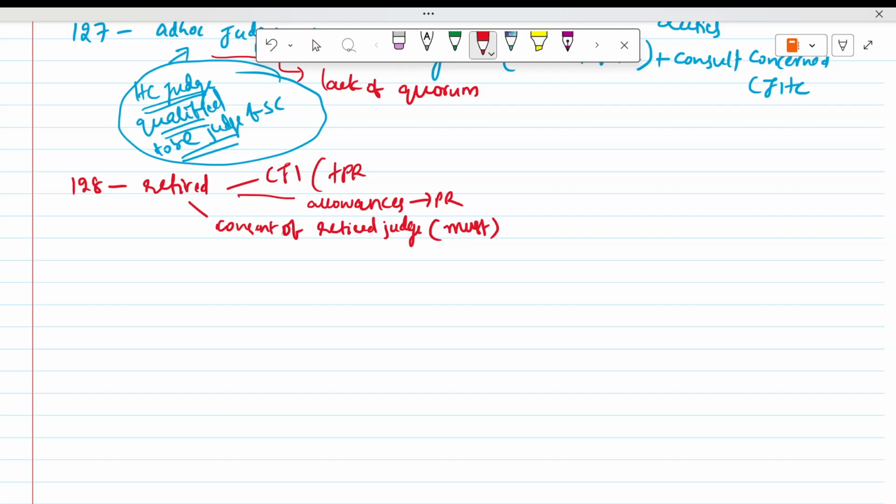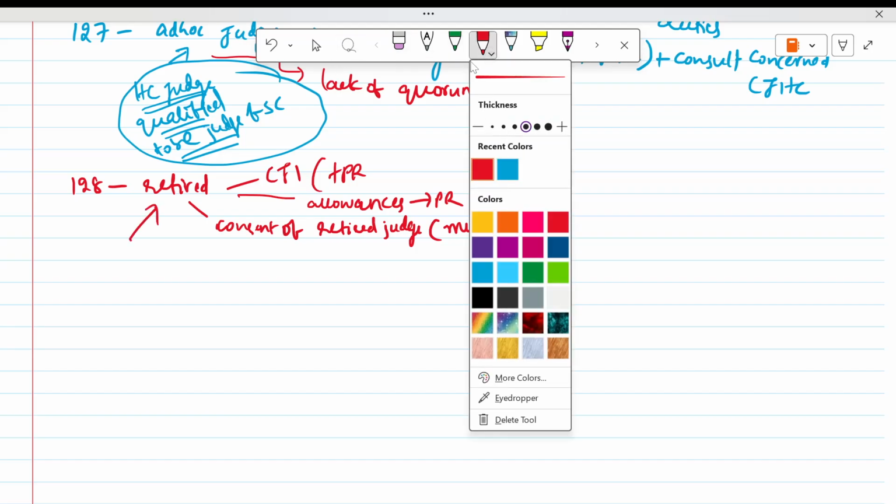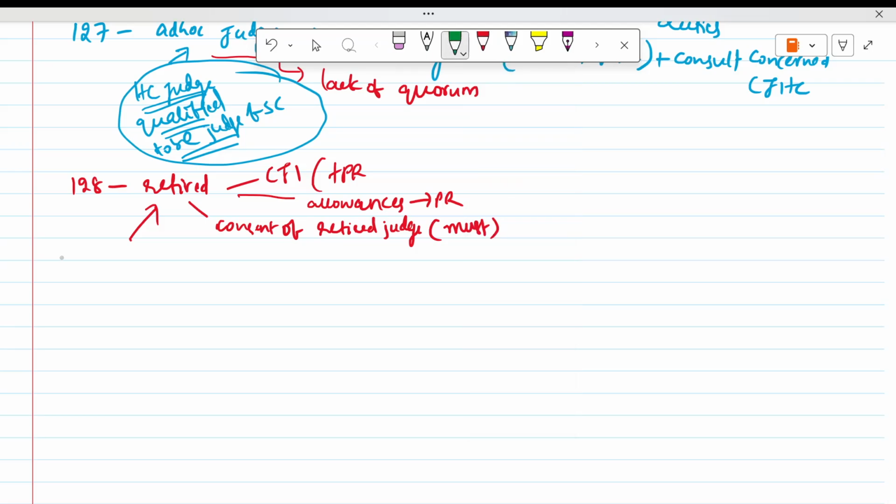Here retired judges can come from the Federal Court, or Supreme Court retired judges, or High Court judges qualified to become Supreme Court judges. So these three can be called. For example, a retired Federal Court judge sitting at home, yes, the CJI can call him: please come and serve the Supreme Court. Similarly for a retired Supreme Court judge.